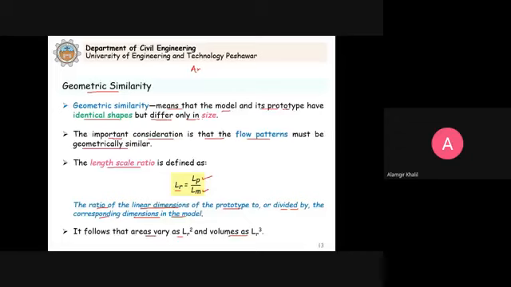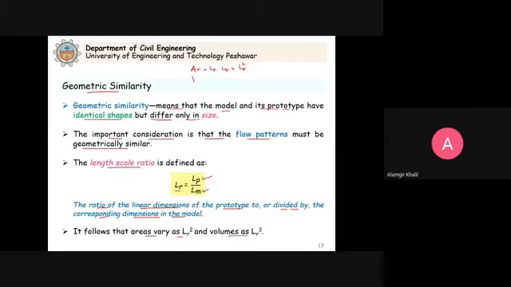We have this AR, and because we have two dimensions, it will be equal to LR into LR. If we have the same scale ratio, this will be equal to LR square.